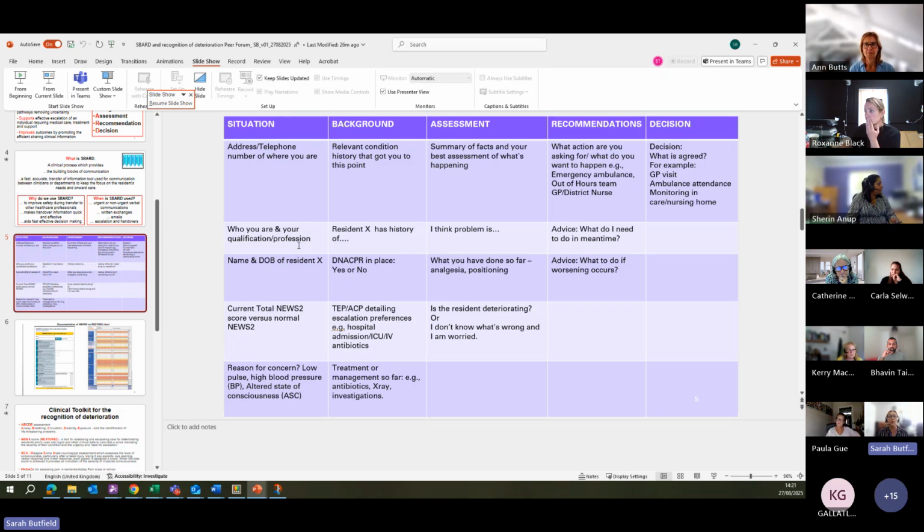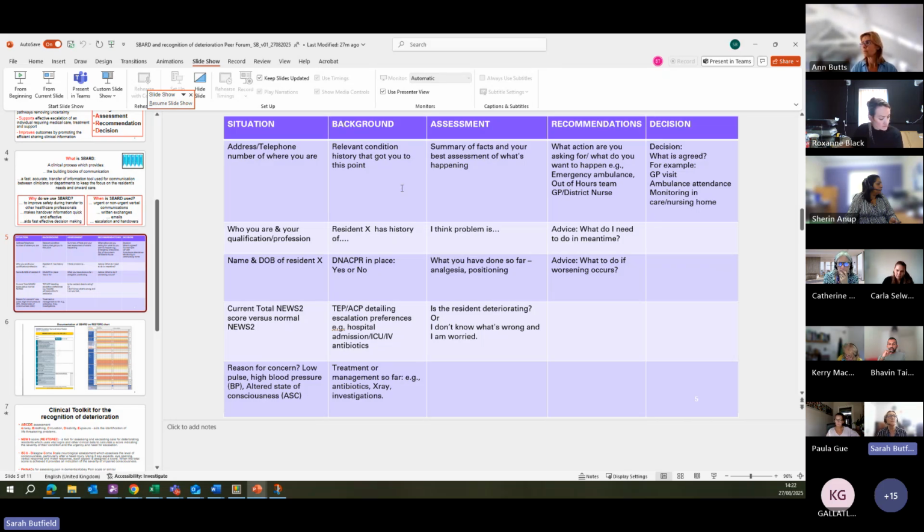Who you are and what your qualification is, because that facilitates the level of the conversation you're going to have, the details of your resident, and any background information on what you've done so far, so a NEWS score, and what your initial thoughts and concerns are, so we all know what the situation is that we're starting with.